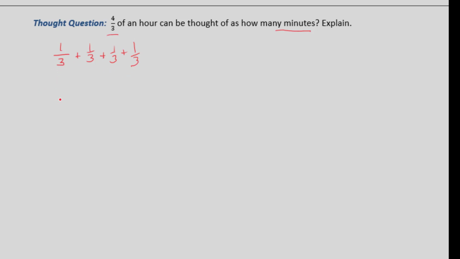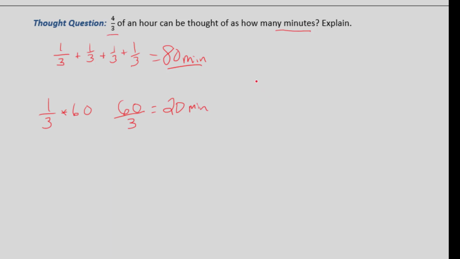Now, 1/3 of an hour would just be 1/3 of 60, or 60 divided by 3, it's the same thing. So that's 20 minutes. So this would be 20 minutes plus 20 minutes plus 20 minutes plus 20 minutes, or 80 minutes.